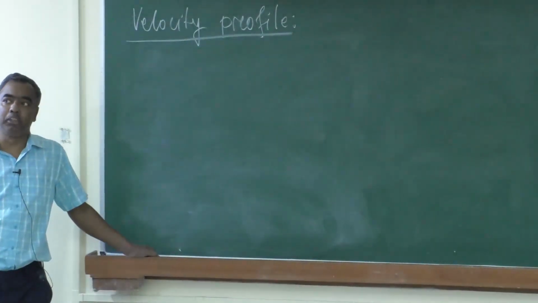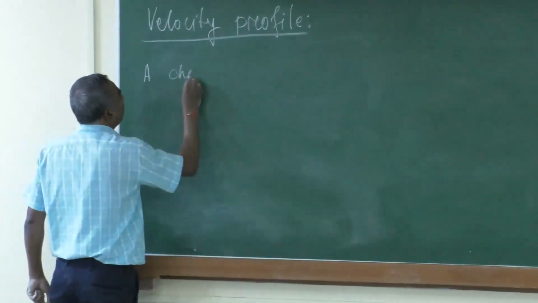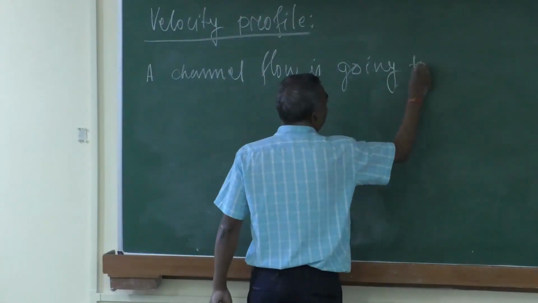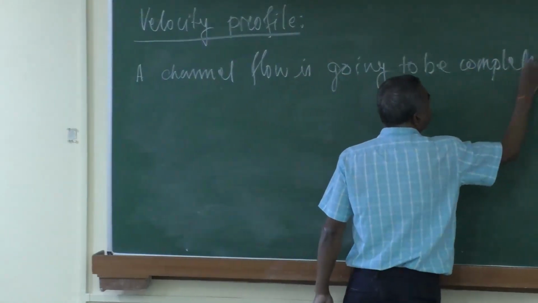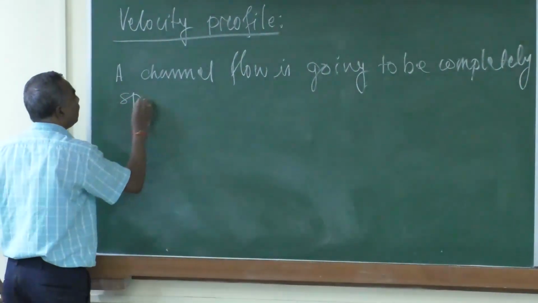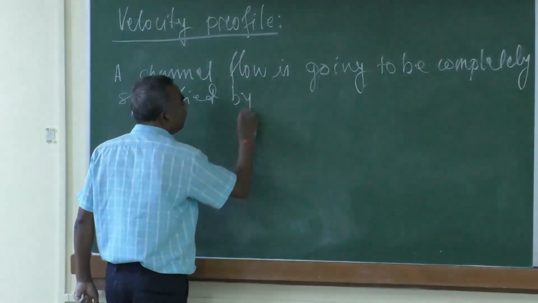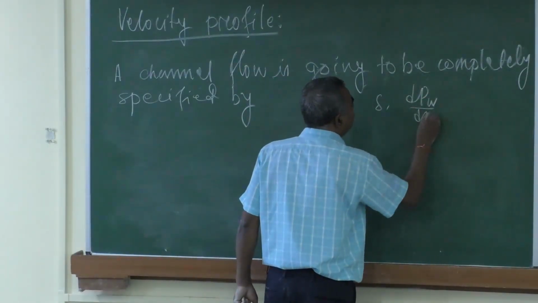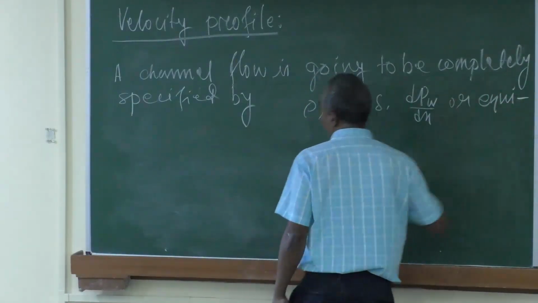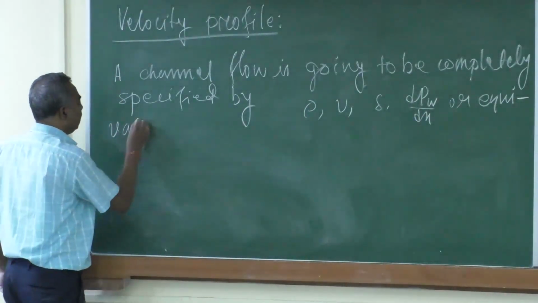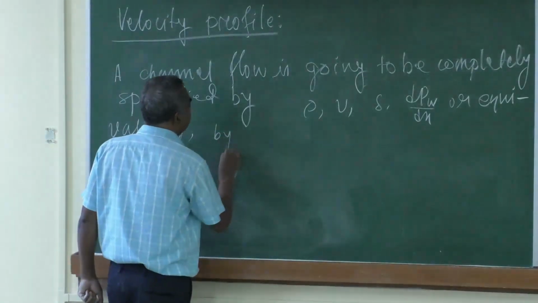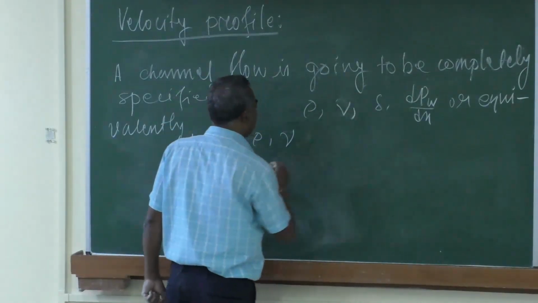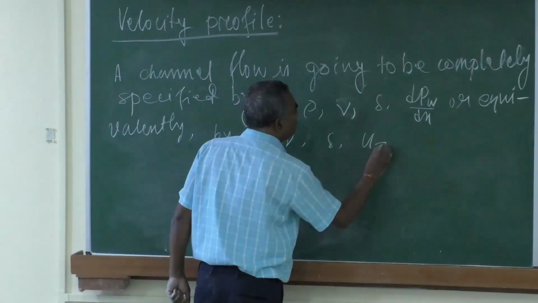As I mentioned, a channel flow is going to be completely specified by rho, nu, delta and dp w dx, or equivalently by rho, nu, delta and u tau, okay.